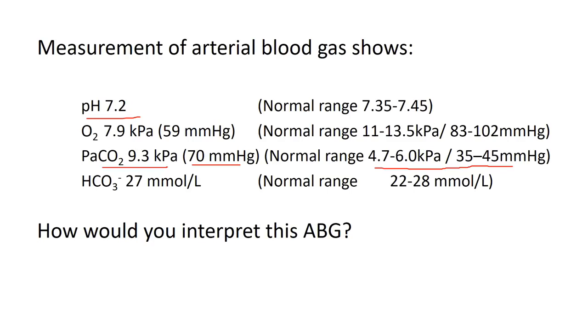So this fits with the acidosis as a respiratory cause because we know that carbon dioxide is an acidic gas. So this is respiratory acidosis. What about the bicarbonate? Well, it's within the normal range, so we're not seeing any compensation. There's no change in the metabolic system at the moment. He is hypoxic. His oxygen levels are less than normal, but this doesn't affect the acid-base balance.